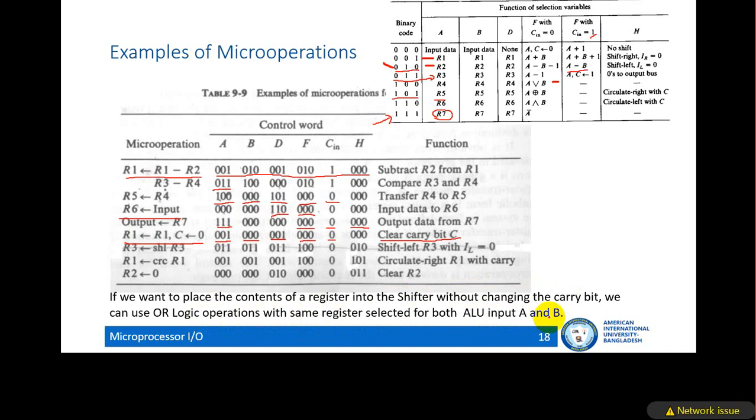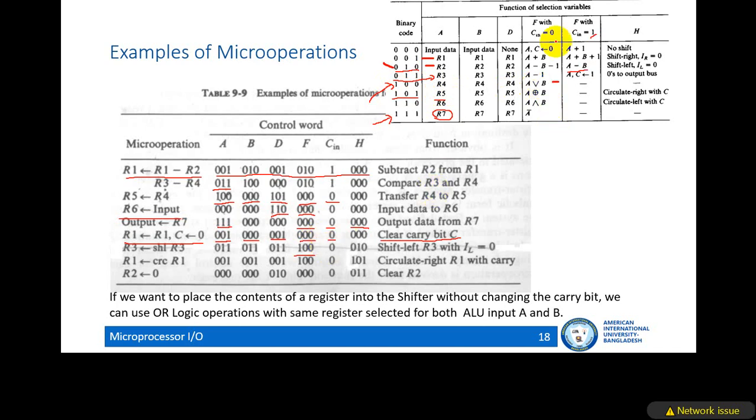So what we are going to do, same input, we'll take R3 for A, R3 for B, and we are using the all logic operation. So what is the function? Destination is R3 certainly over here, 011, and this is the code for all logic operation. Look at over here, 100. This is the code for all logic operation, A or B. And what is the carry in over here?